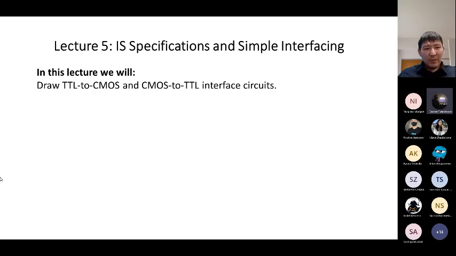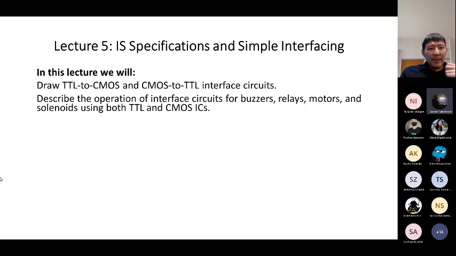And also, we will draw some TTL-to-CMOS and CMOS-to-TTL interface circuits, because for now in labs you use only TTL or maybe CMOS, but sometimes we need to connect these two kinds of integrated circuit, and it's not easy. You should understand how to do it in digital systems, because their voltage and current capabilities are different.